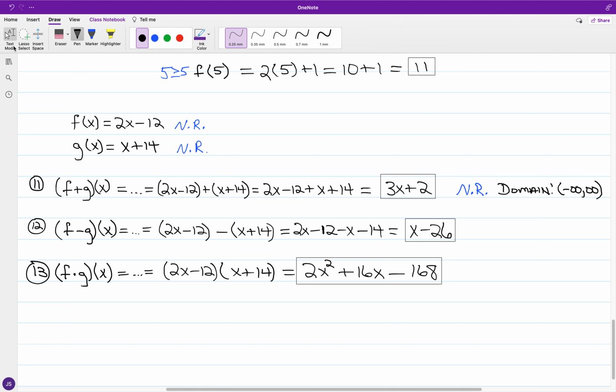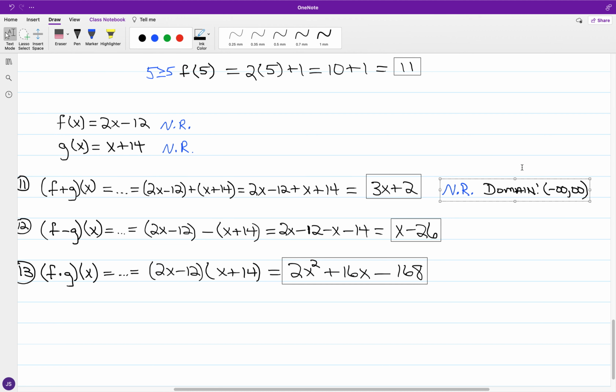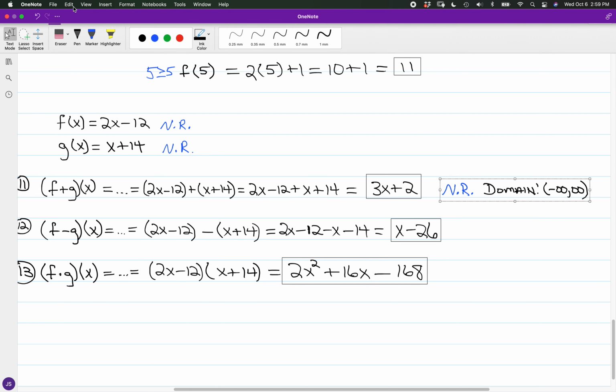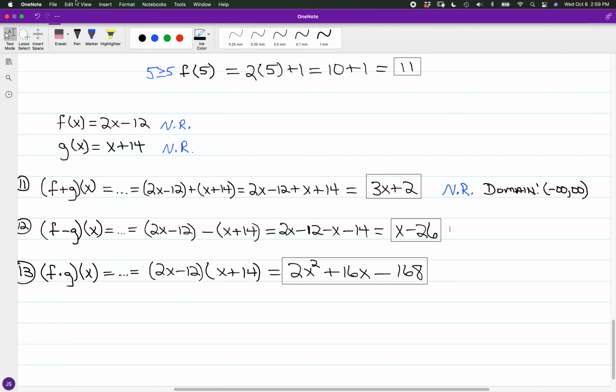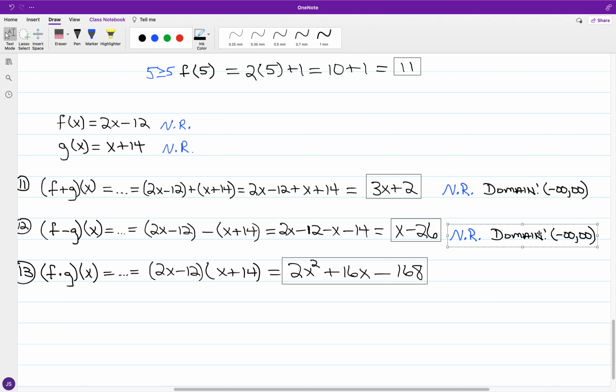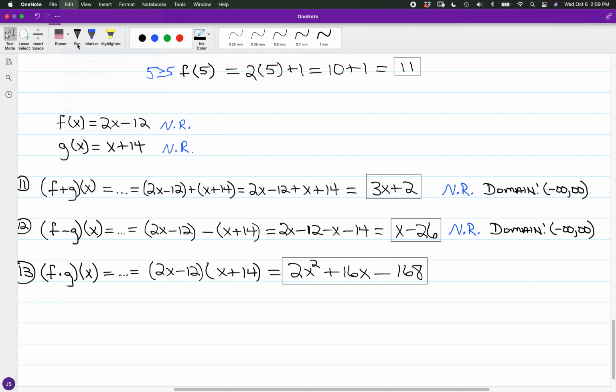Okay, so we'll have the sum, difference, and product functions to all have all real numbers for the domain. Again, that's for the reason that you can plug in anything for f of x and g of x for these three operations.